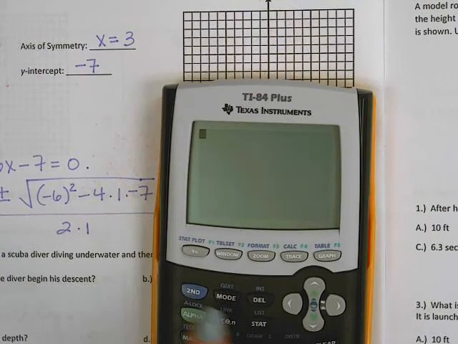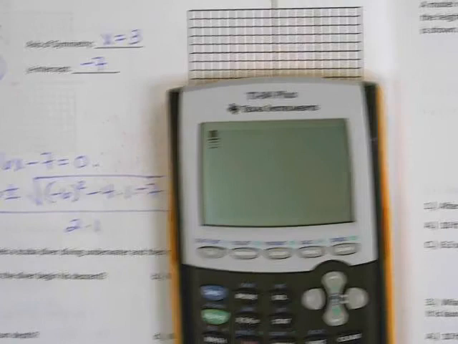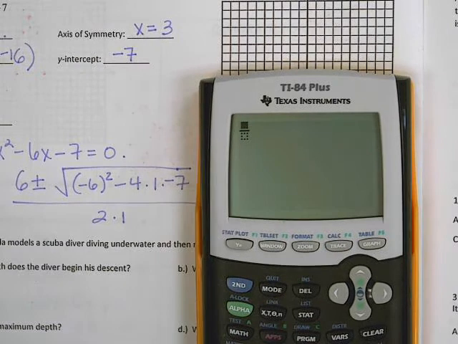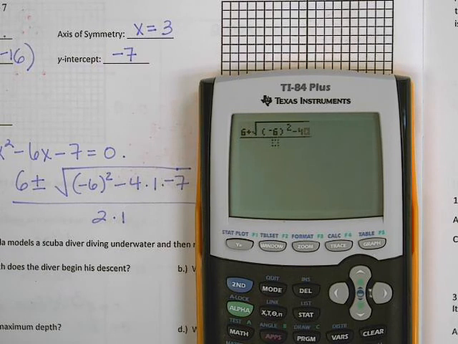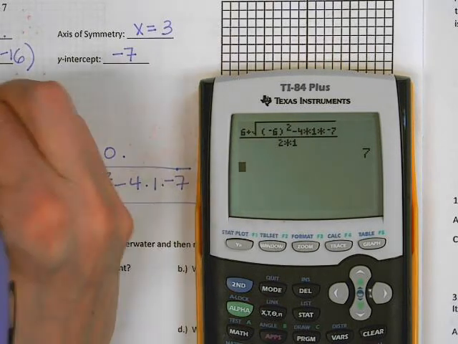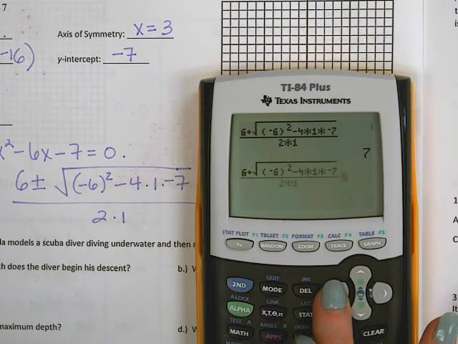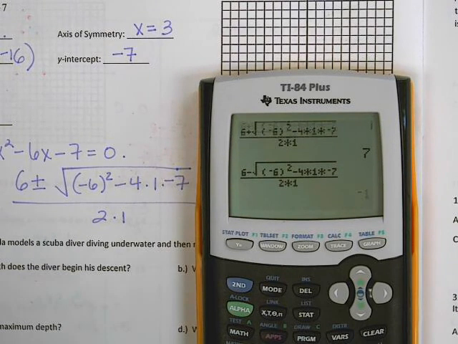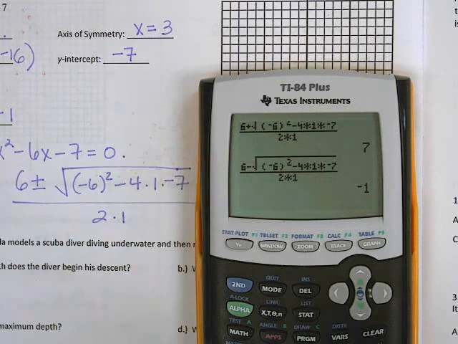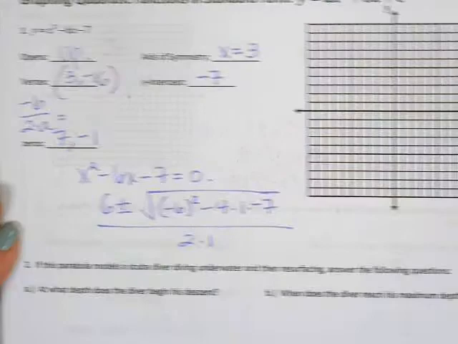All right, type that in, get your two answers. So we make a big fraction: 6 plus the square root, with parentheses when it's negative, of negative 6 squared minus 4 times 1 times negative 7, all over 2 times 1. So one of them is 7. And the other one, if we turn the plus into a minus, we get negative 1. Okay, so those are the zeros.